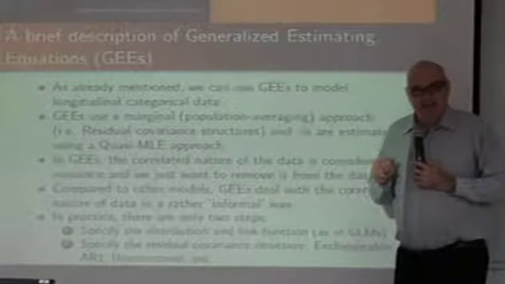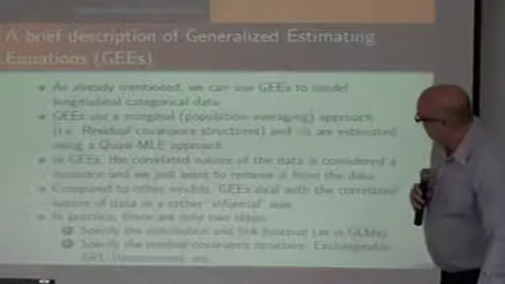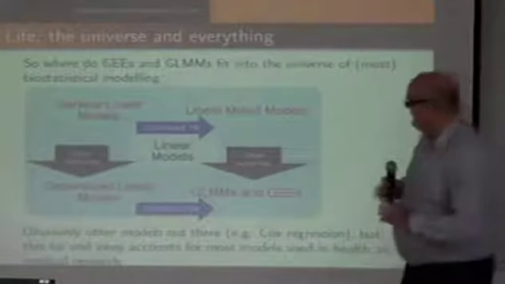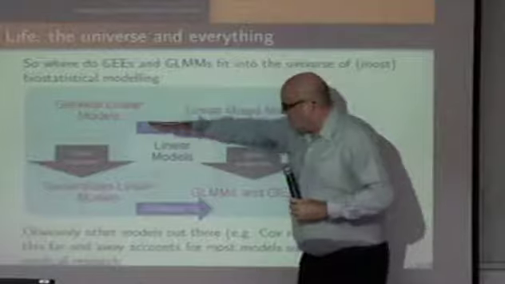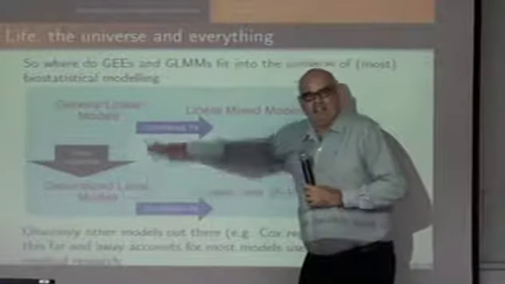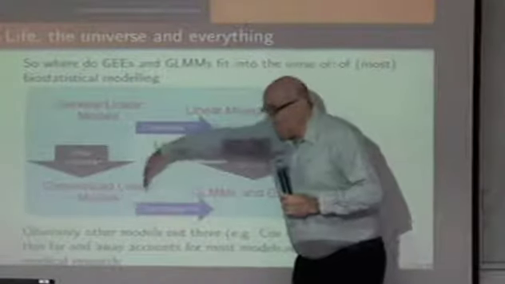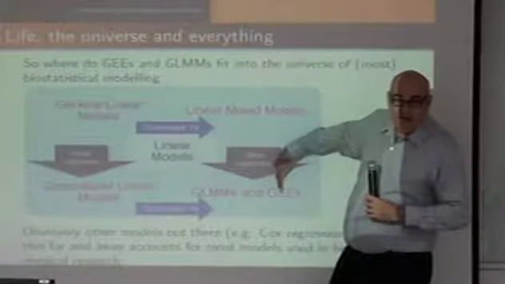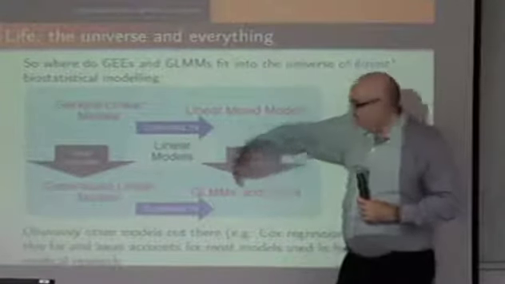That's it. That's all we have to do. In fact, if you look at it in terms of this slide, going down this way, we specify a link function and distribution. Going this way, we specify the correlated data structure. That's all we're doing.